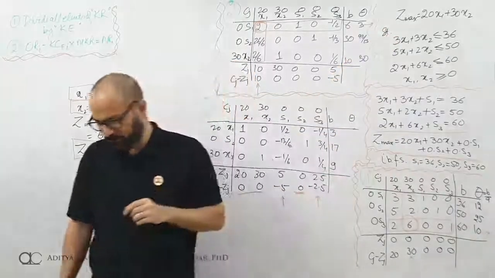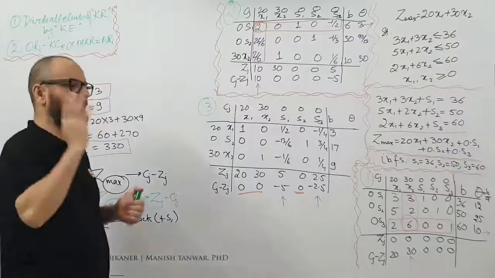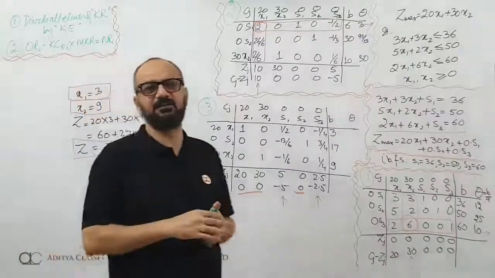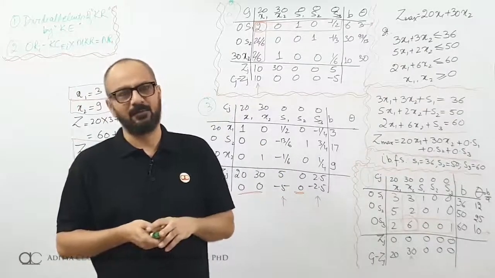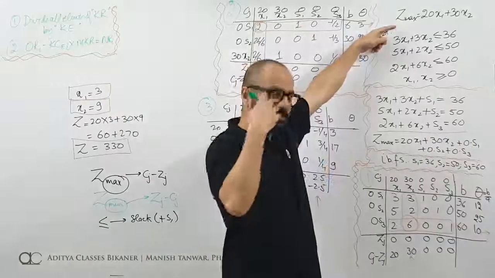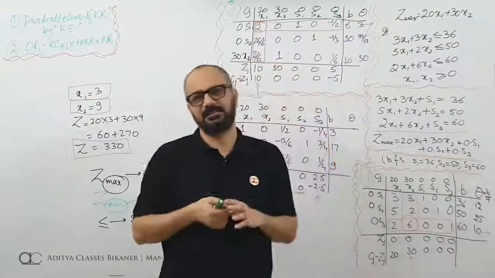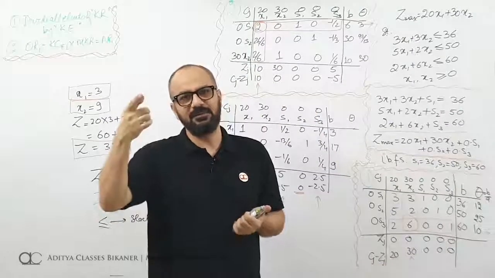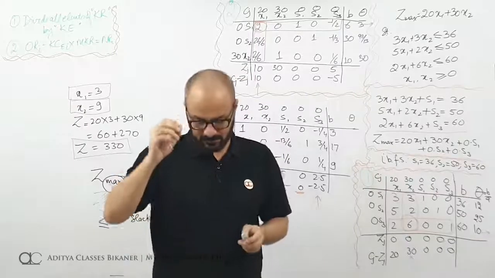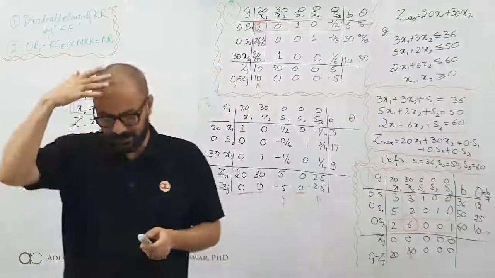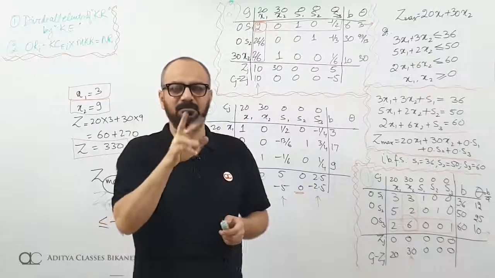So, another recommendation would be, before getting on with minimization questions, practice 2, 3, 4, 5, 10, 15 questions of max with less than. What this will do is, it will get into our system that max has Cj minus Zj, so that when we get to minimization, it will obviously be Zj minus Cj. Otherwise, while doing the question under pressure, in an exam or internal assessment, we tend to mess it up.